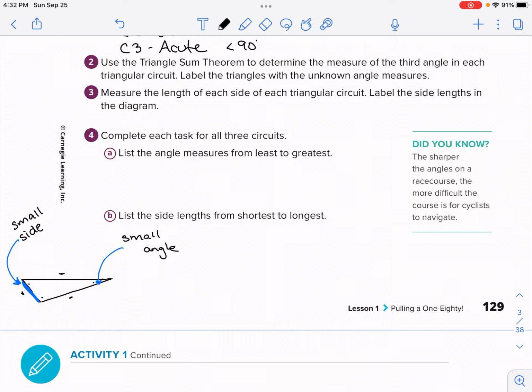So which one is the big angle? We already know which one's the smallest, so it's between one of these two. Which one opens up wider? The angle that opens up wider is this one. And I'll put that in red.